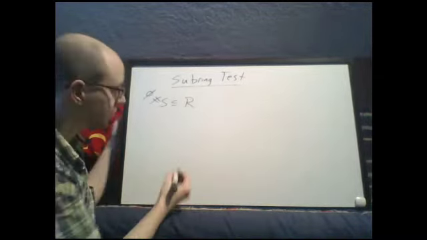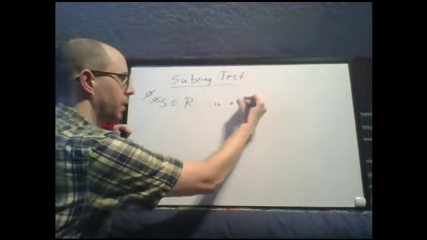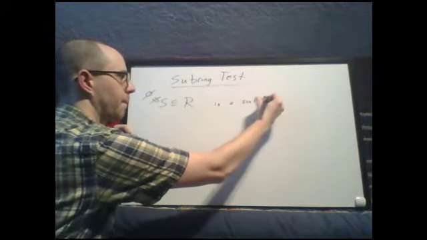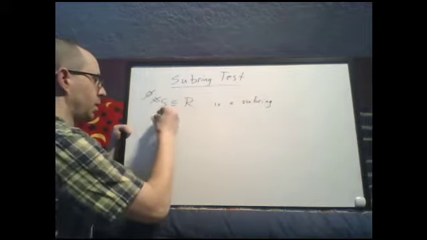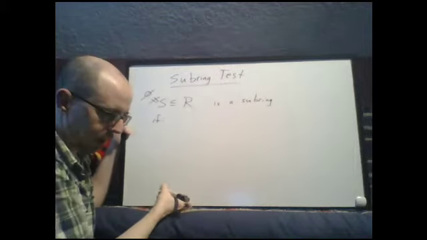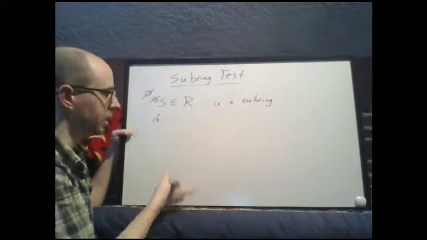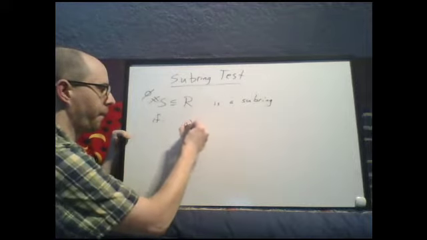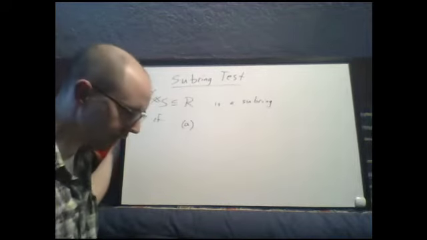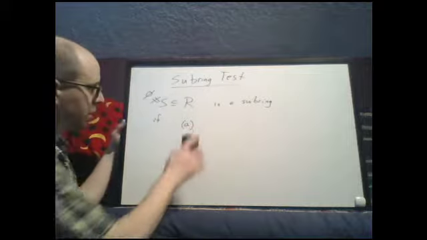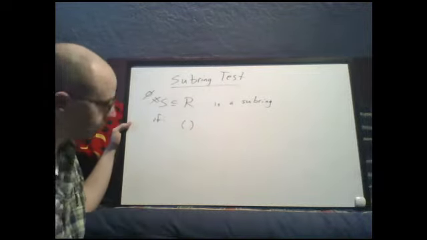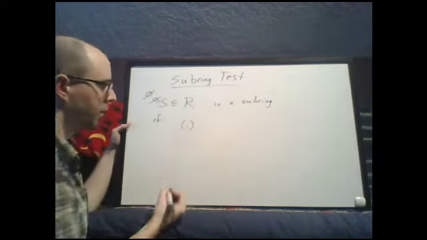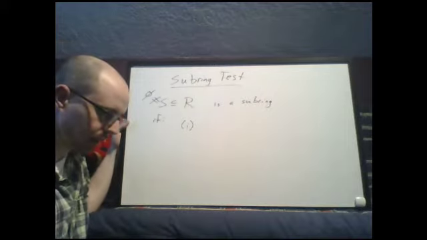This is a subring if there's two things I have to check. I'll label them 1 and 2.